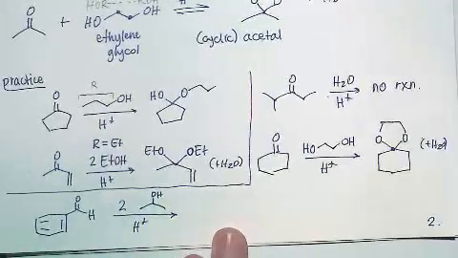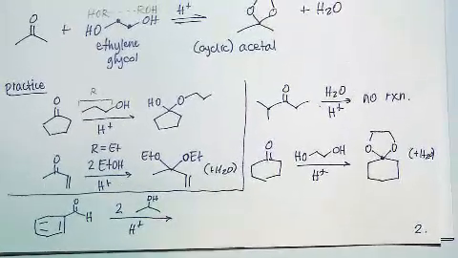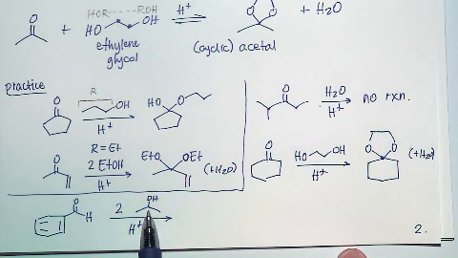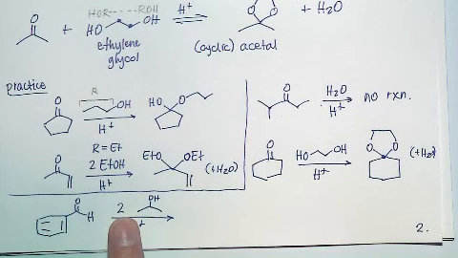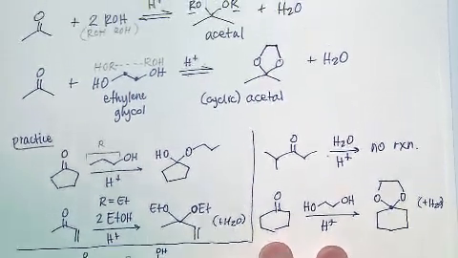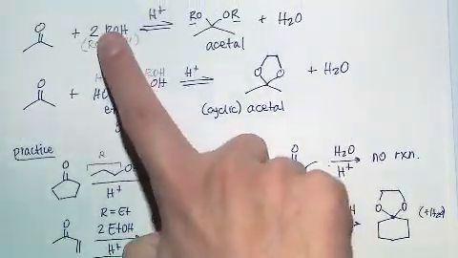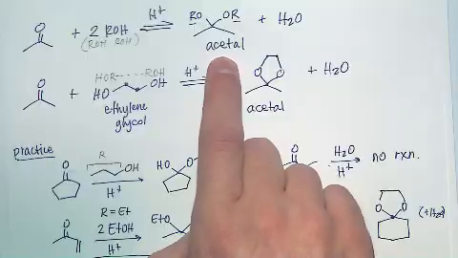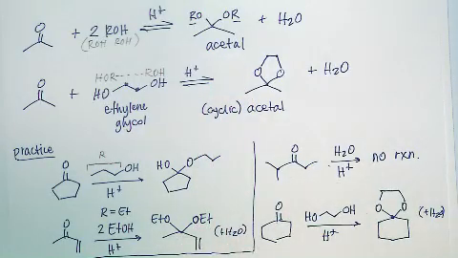Good. And catalytic acid. Okay, so what do we have here? So isopropanol, that's going to be our alcohol, and we have two equivalents of it. So if we've got two equivalents, that means we're going to make an acetal. Okay.